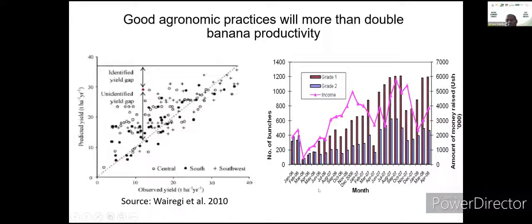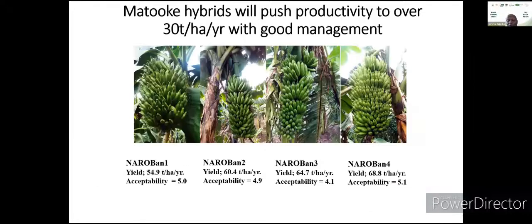And a little experiment we did with about 30 farmers showed that you can actually increase the number of bunches from an acre of land per month, from below 100 to even 1,000. But that was on a very small scale.